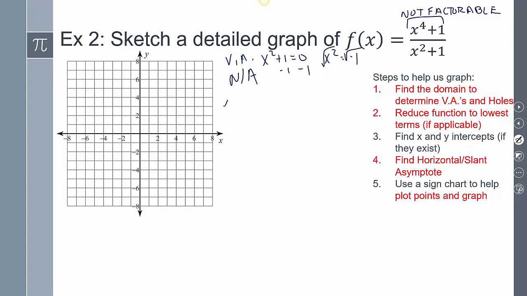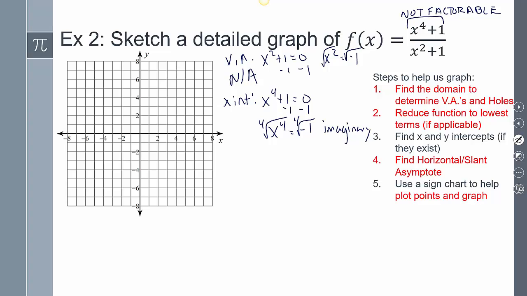So let's try and find x and y intercepts. Well, my x-intercept, I have to now set the top equal to 0 and solve. Well, once again, if I take the fourth root, because I'm taking an even root of a value, that's also going to give me an imaginary value. Because what value to an even power is going to give me a negative number?